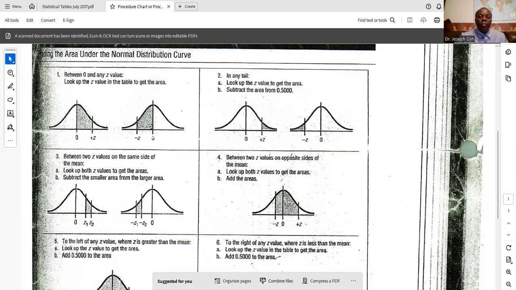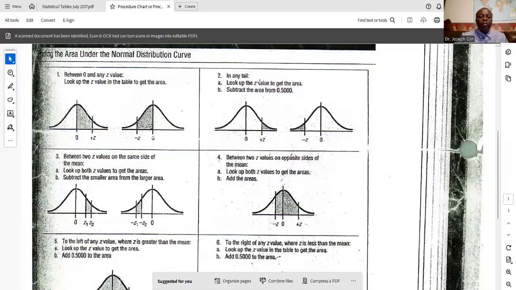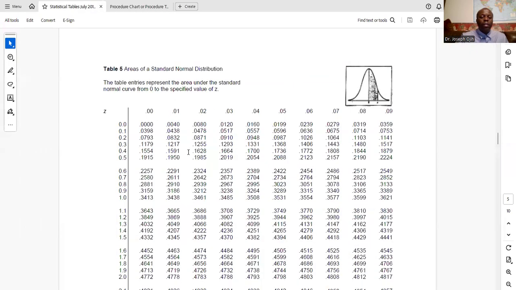In our own case, it is at the left tail. See, that's why it's shaded. So the procedure chart says that you look up the z value to get the area and subtract the area from 0.5. So this is the z value, and the area we are looking for is for negative 2.5.